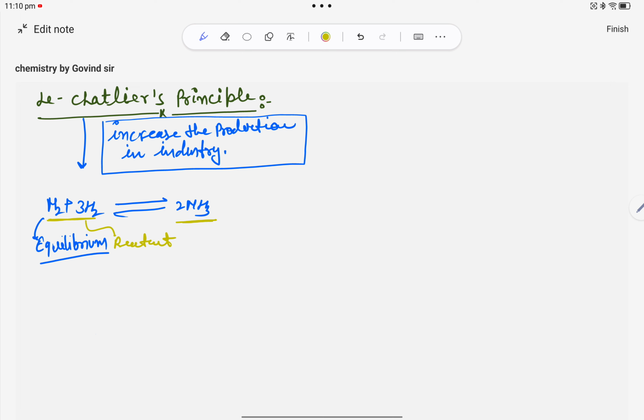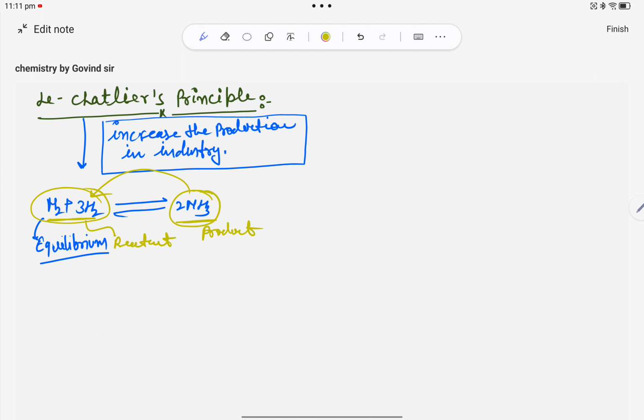When ammonia forms, that is your product, and immediately dissociation of ammonia starts, into nitrogen and hydrogen.